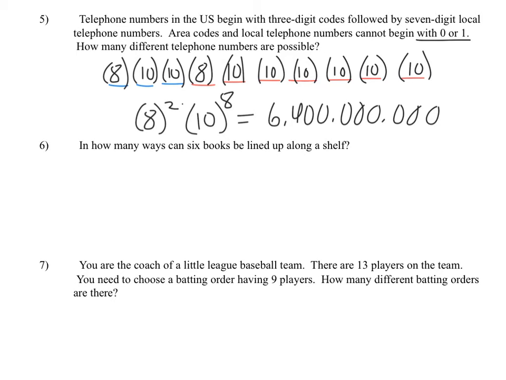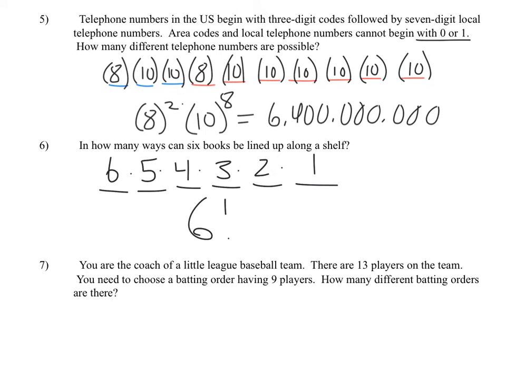So really I have on the shelf, I have 1, 2, 3, 4, 5, 6 places to put a book. In the first slot, I have 6 choices, any of the 6. In the second slot, whatever book I put first is no longer an option. So now it's 5 times 4, 3, 2, 1. Really, that's going to be 6 factorial, which when I evaluate that, I get 720.